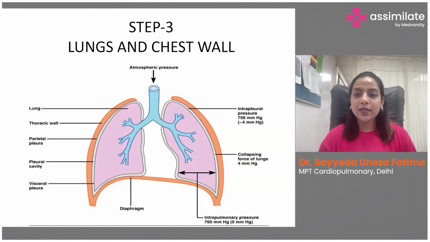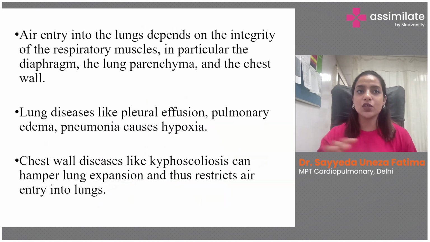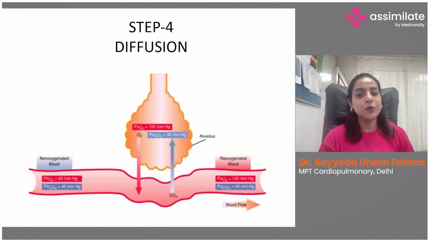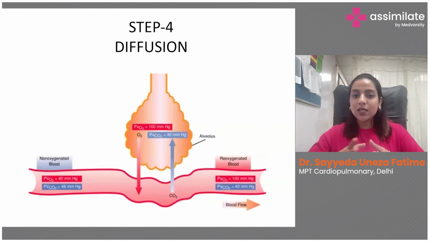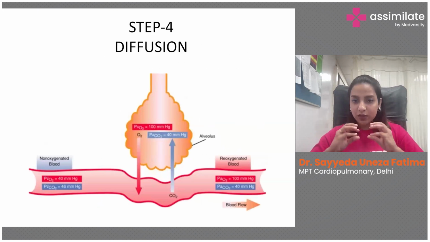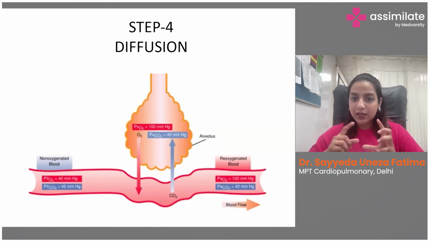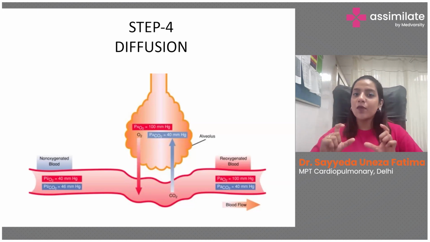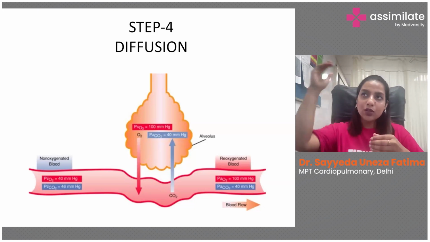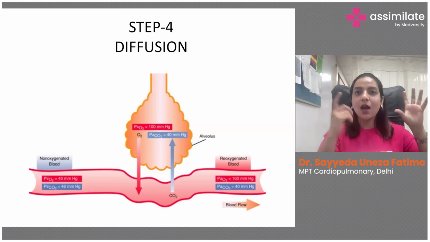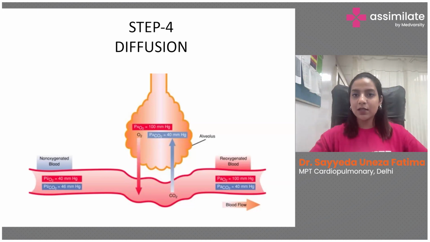So now coming to the next step, that is step 4 of the oxygen transport pathway. It comes to the diffusion. Basically, diffusion is when the oxygen gets transferred from the alveoli into the capillary. The alveoli are the tiniest unit of our airway. The oxygen from our environment, our airway, our lungs conducting system, reaches the alveoli.